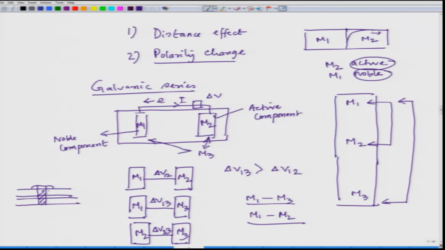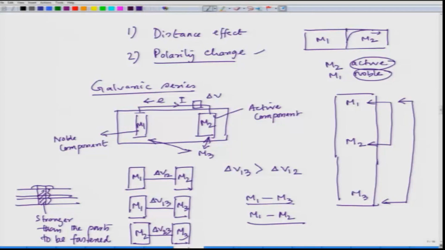So, that time this material should be stronger than the parts to be fastened. So, that time we should choose material so that in that galvanic series they are closely spaced. Now, once we have discussed this, we can understand the polarity change.